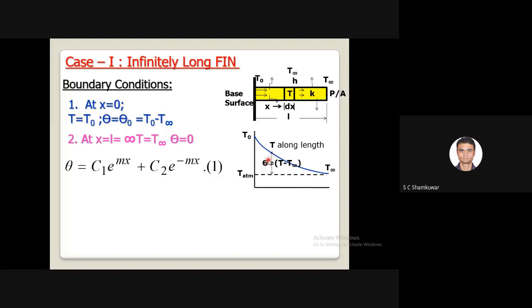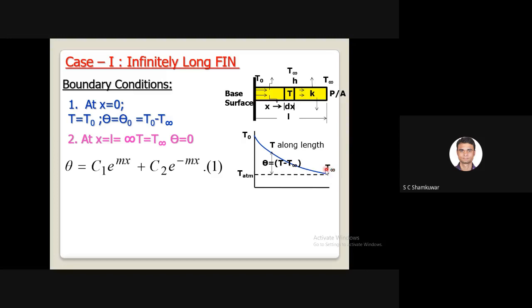If you consider this theta, it represents the excess temperature above atmosphere. So here at the base, it will be T naught minus T infinity. As you proceed along the length, theta will get reduced. The excess temperature will get reduced, and at infinity it reaches T infinity.